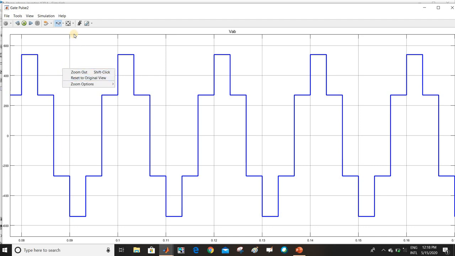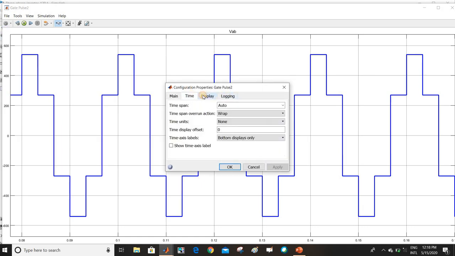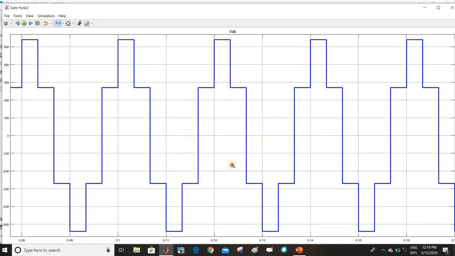If I change the scale range, it is almost coming 540 for 0 to 60 degree.